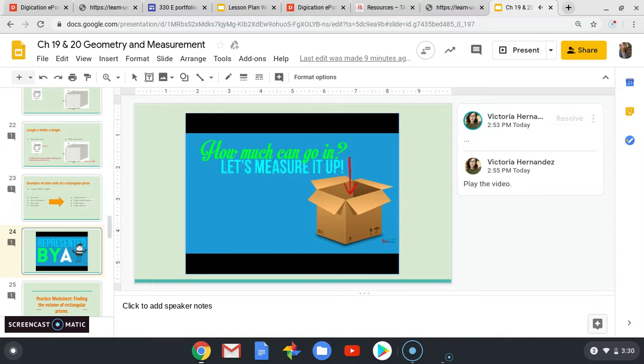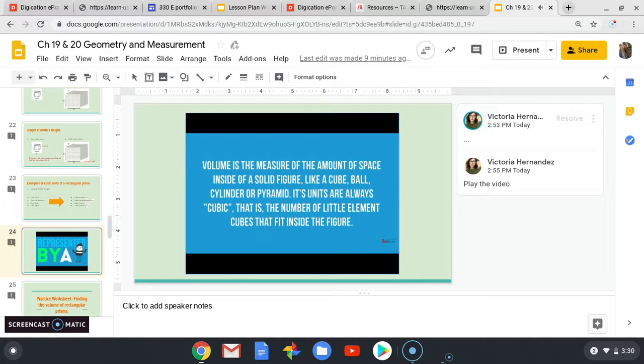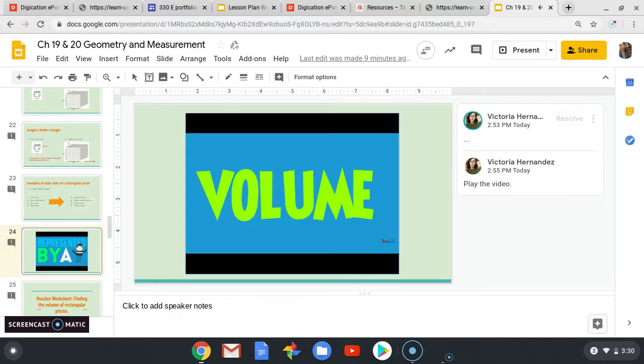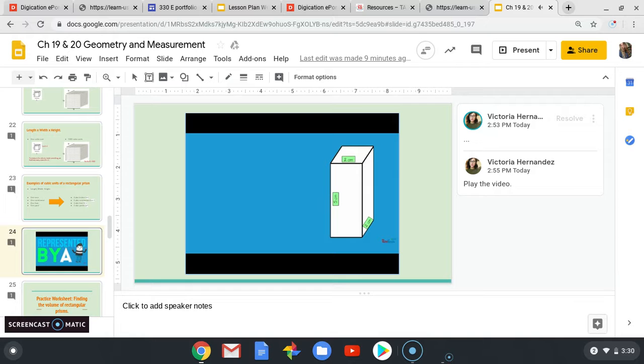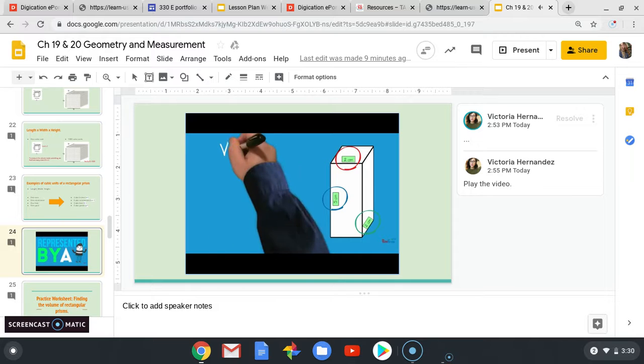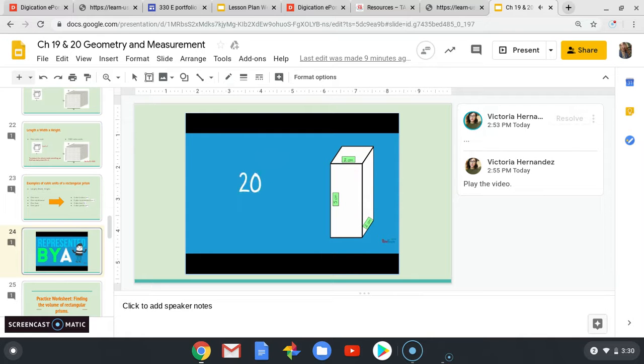Can you measure it up? The volume. Make sure it's cubic units.